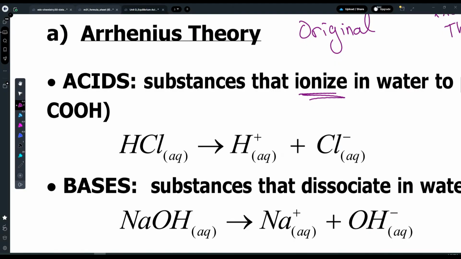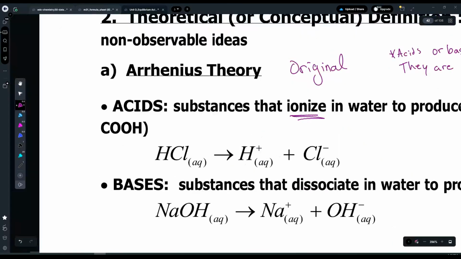That's what ionize means. It means that you have a molecular compound that breaks apart into the cations and anions that make up the substance. The most important part for this definition is that the acids are producing H+ ions.